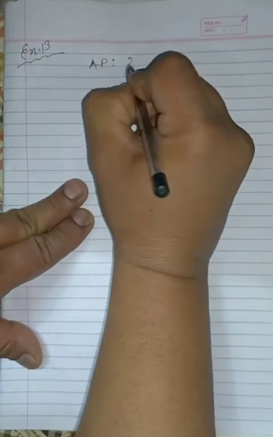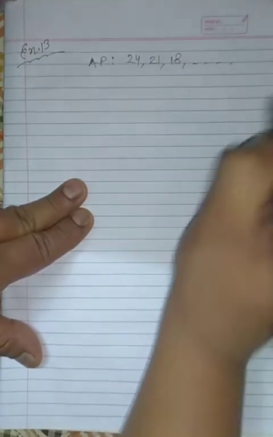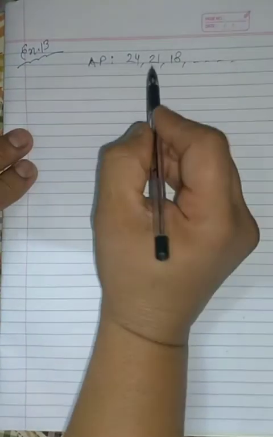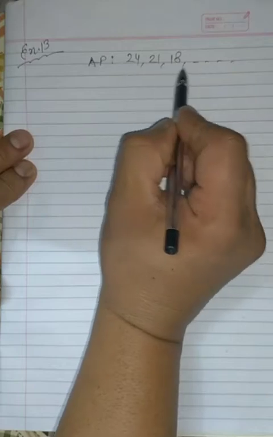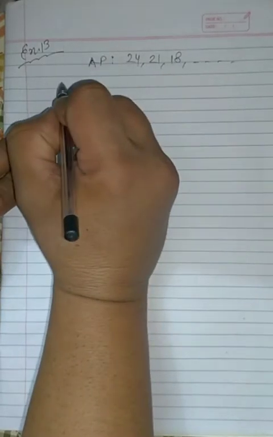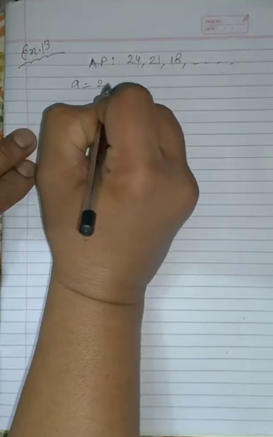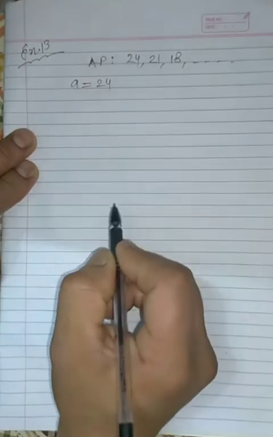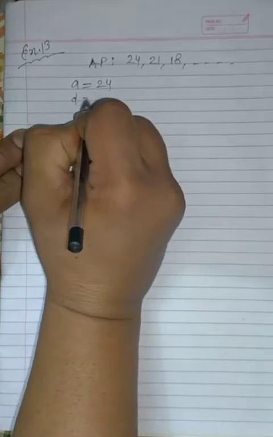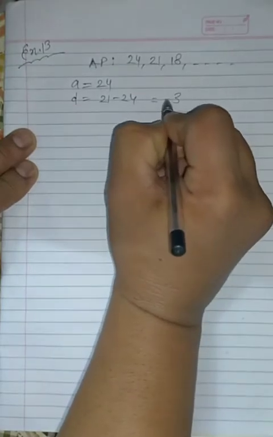The AP which we are given is 24, 21, 18 and so on. You can see the AP is in decreasing order, so that means the value of d will be negative. So from the AP we have a equal to 24, the first term, and d is equal to 21 minus 24, which is minus 3.